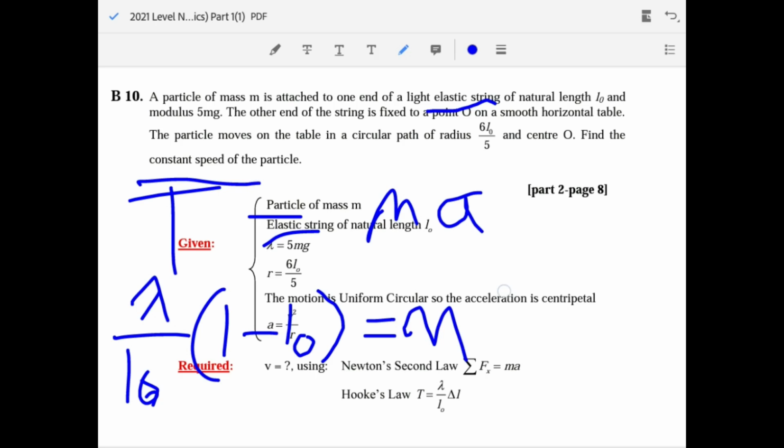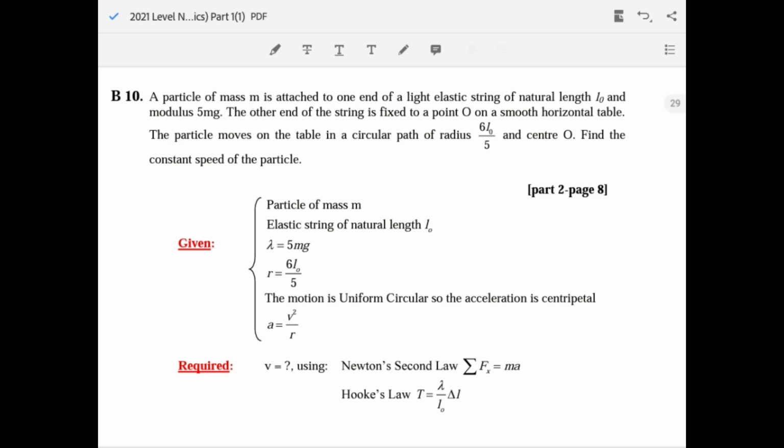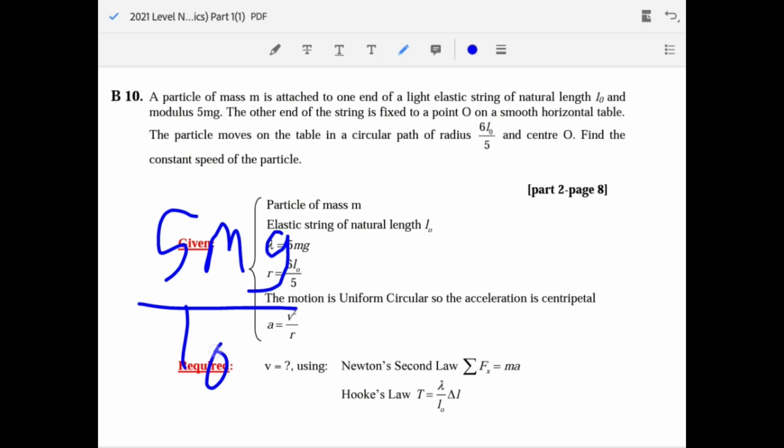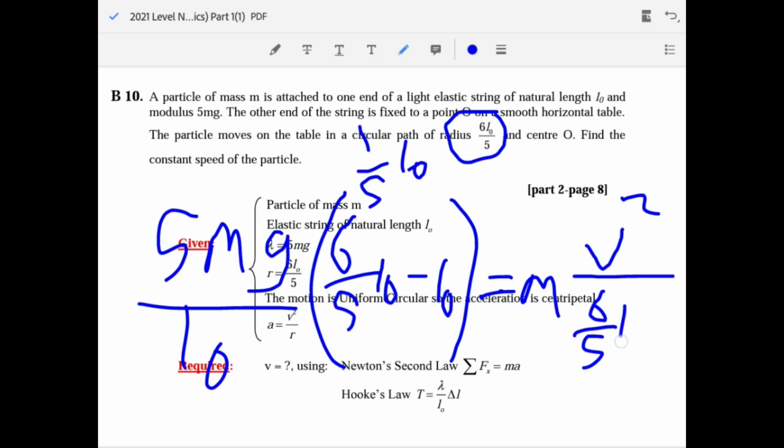So find the constant speed, so we'll use V squared over R. So we have this one. Now let's fill in values. Modulus 5 mg over L0 into radius 6L over 5. So 6 over 5 L0 minus L0, which is 1 over 5 L0, is equal to mv squared over 6 over 5 L0. This is r, so radius.